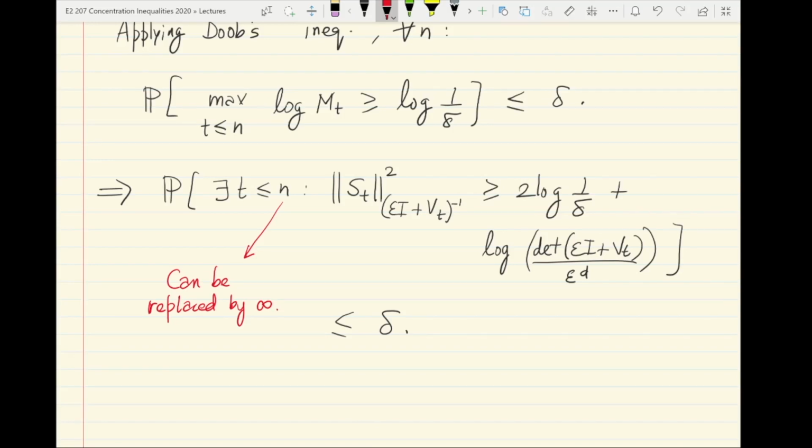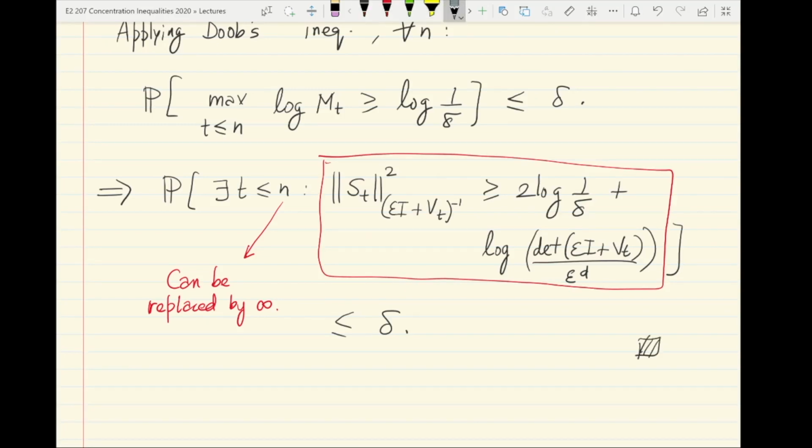It suffices to say that this n is really a placeholder. It can be as large as you want, because the rest of the property has nothing to do with this finite number n. So you can take this n all the way to infinity by a limiting argument, and that's what gives you the result.